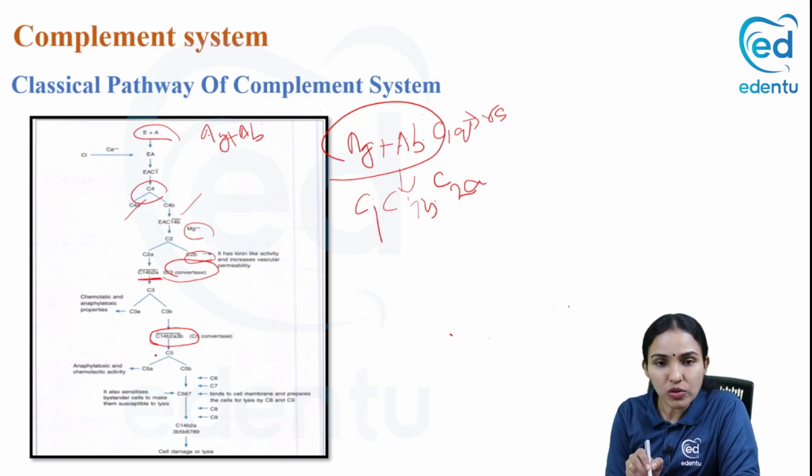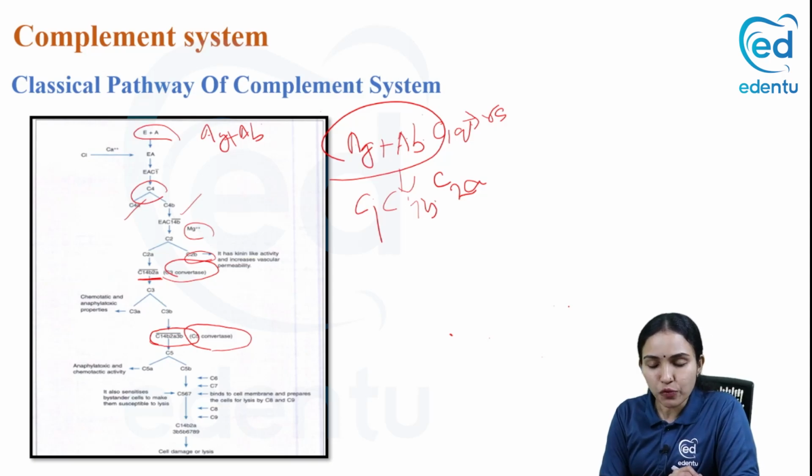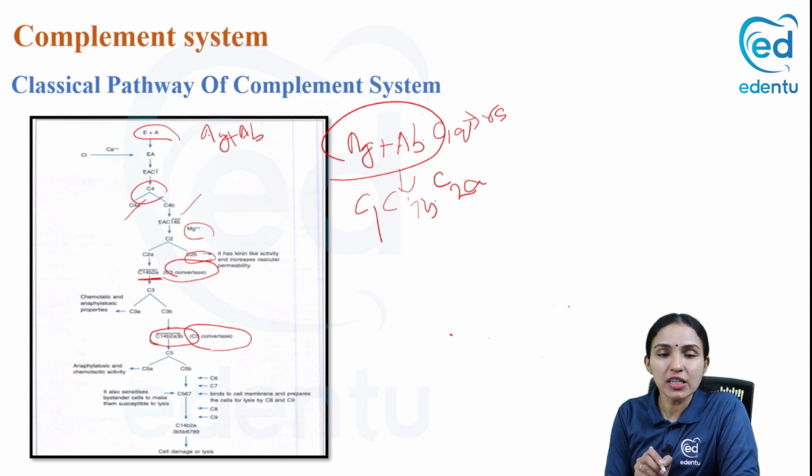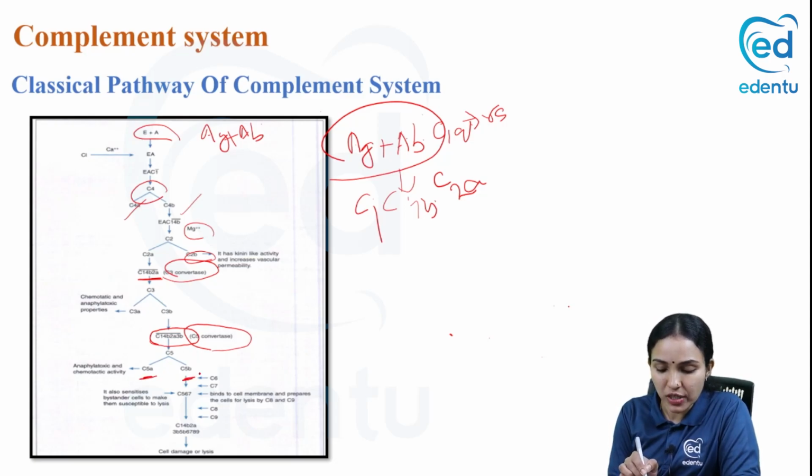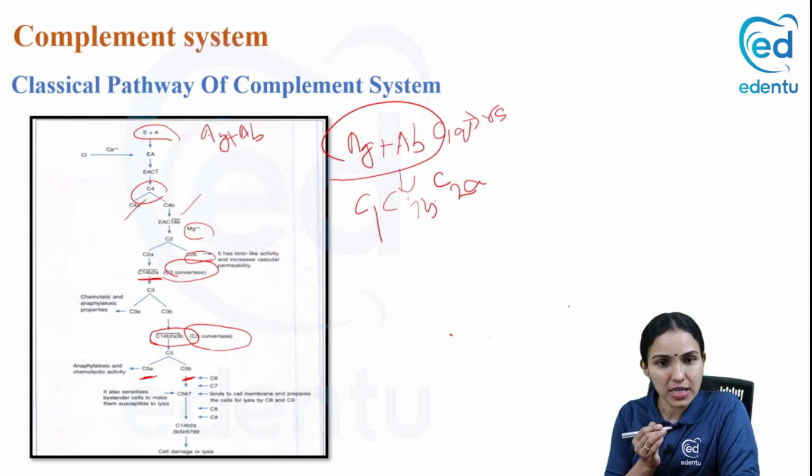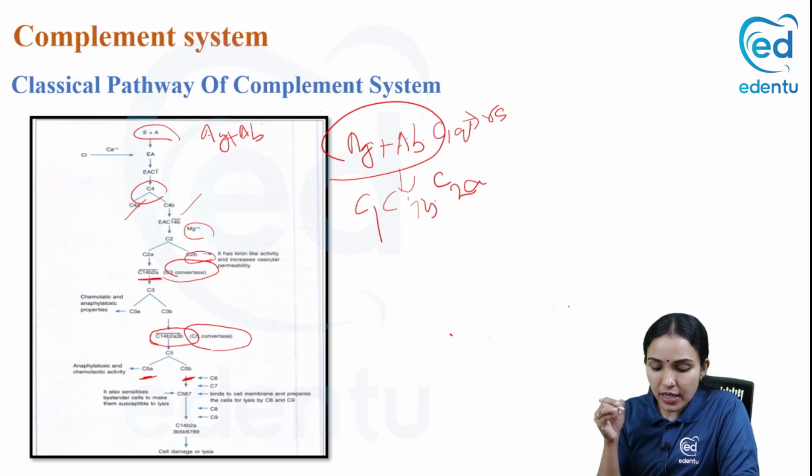So now you have come to the next important step, that is formation of C5 convertase. Okay, so 1, 4B, 2A, 3B is the C5 convertase. Now, what does C5 convertase do? C5 convertase will split C5 into C5A and C5B. Again, 5A is removed, it's an anaphylatoxin, and 5B joins the cascade. Now, at this point, 6 and 7 will add on to 5. And C5, C6, 7 now again joins 8 and 9.